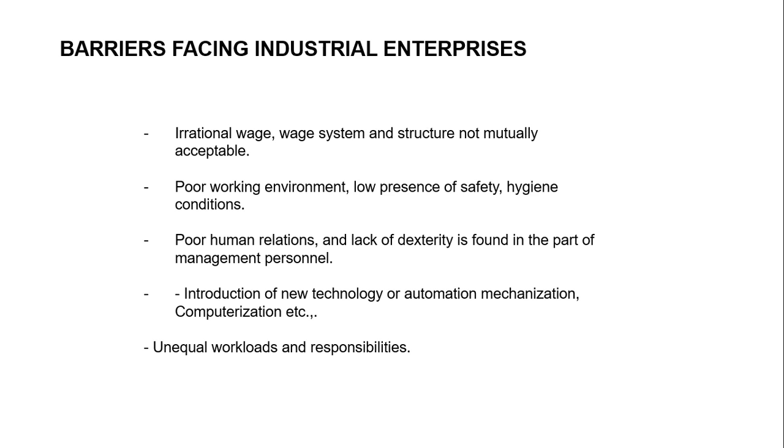The employer sees that this wage is rational, enough for the effort of all of his employees, while the employee sees that his effort can be paid more than what he takes.